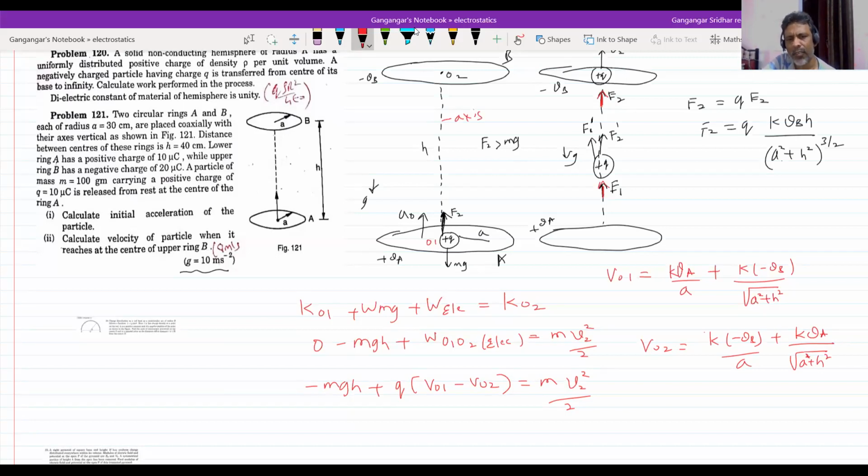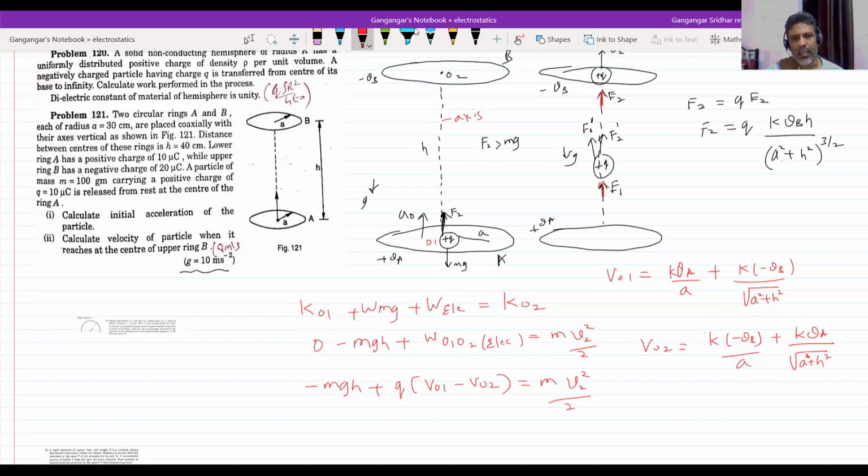And here, why did we bring in the idea of potential? Because whenever a charged body comes in, we take help of potential to express that interaction potential. Work done by the electrostatic force is nothing but Q into VO1 minus VO2. It's the interaction potential only, the change in interaction potential only. So what will happen here now?